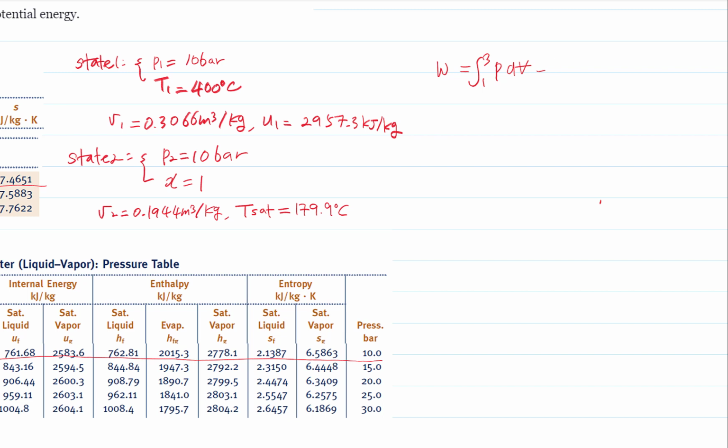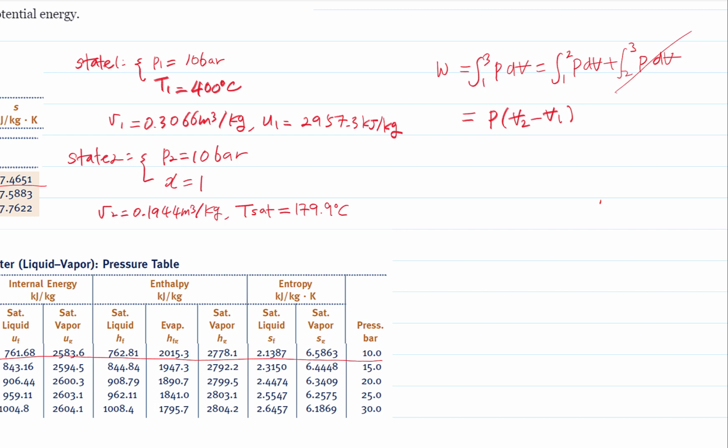So we can take the integrations from 1 to 2 and 2 to 3. Process 2-3 is conducted under constant volume, so these terms cancel out. And pressure is constant, so we can write P times V2 minus V1.